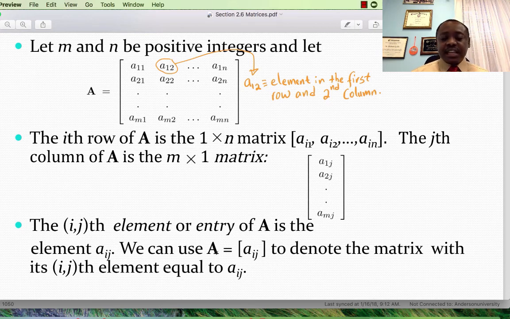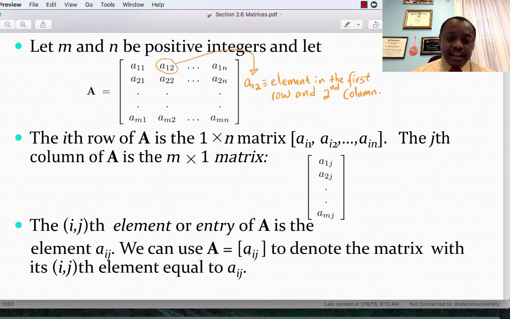So we would simply say let A equal aij denote the matrix where the element aij is the element in the ith row and jth column. That is enough to determine the entire matrix A.